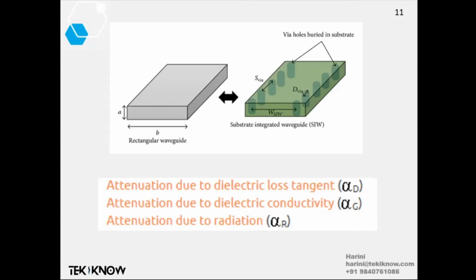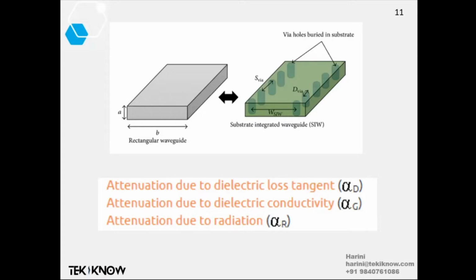Take the dielectric loss: by selecting a good dielectric material with a higher dielectric constant, like 10.2. In FR4 we can only reduce the dielectric losses a little, because the epsilon r is only 4.4.